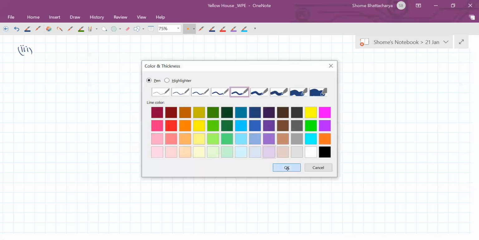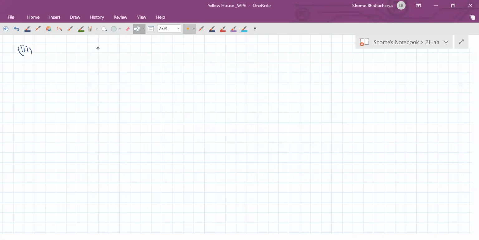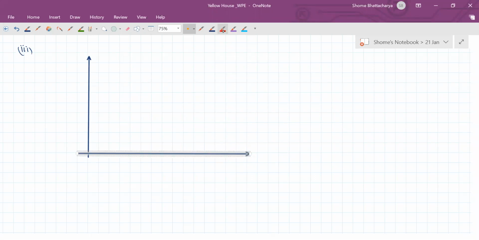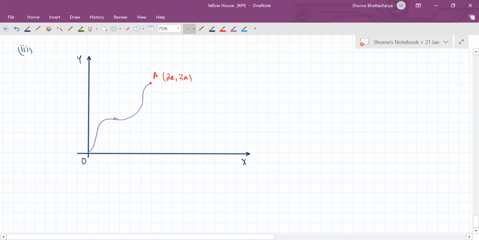So if we now talk about any general path from the origin to that point A, how can we calculate first of all the work done for any arbitrary general path? This is our point A, having coordinates 2a comma 3a. But instead of taking that specific path, which is the combination of two straight lines, if we take any arbitrary path of choice, like this kind of path, let's say, okay, how can we prove this? So let's say we are at some general point like this, x comma y.